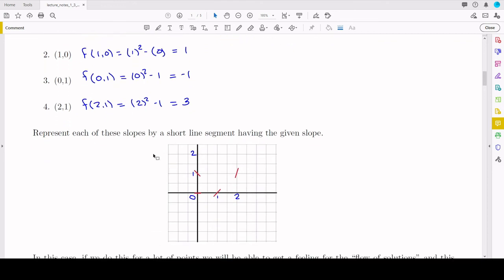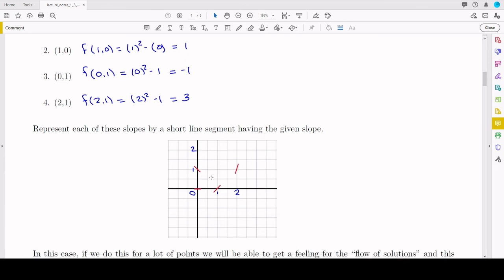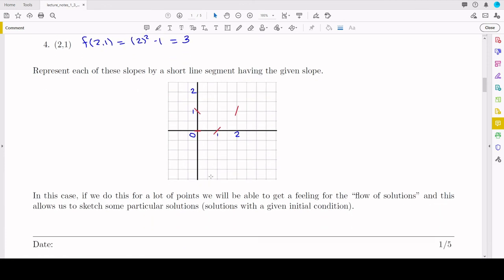Now the idea is that we're going to do this for many other points. If you have to do that by hand, that's not really doable in this manner. So we'll find one way to do this a little bit quicker with so-called isoclines. But typically this is done on a computer, where you can plot hundreds of these points in one picture.